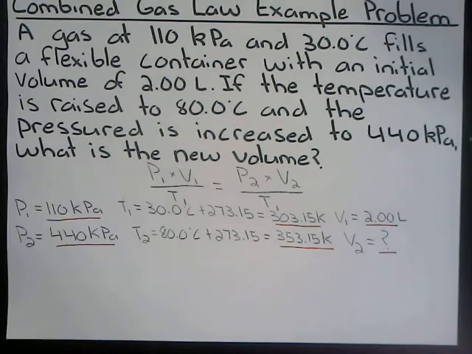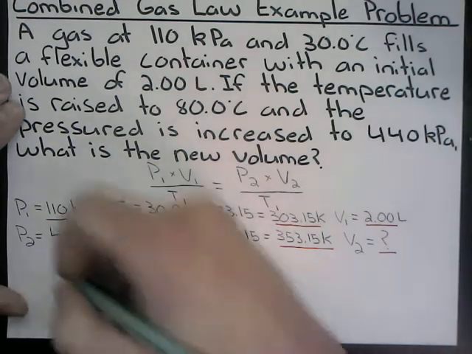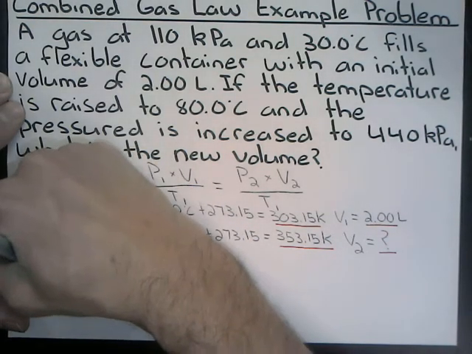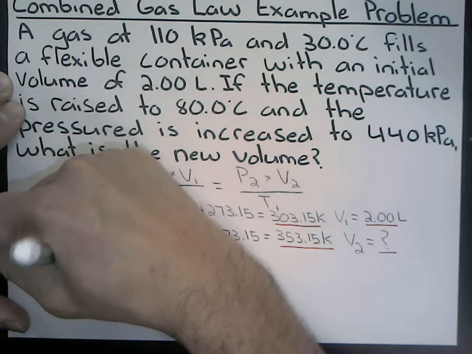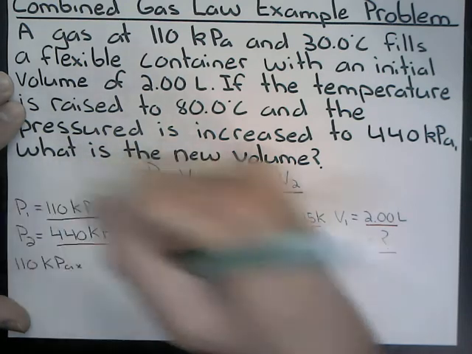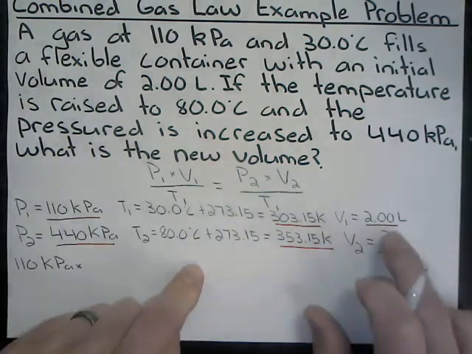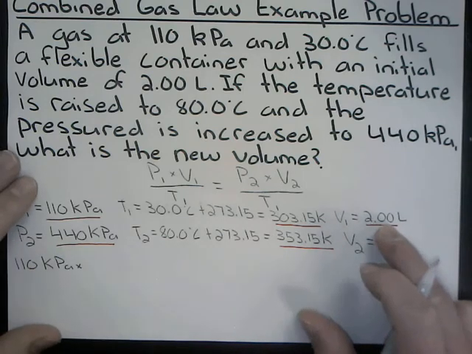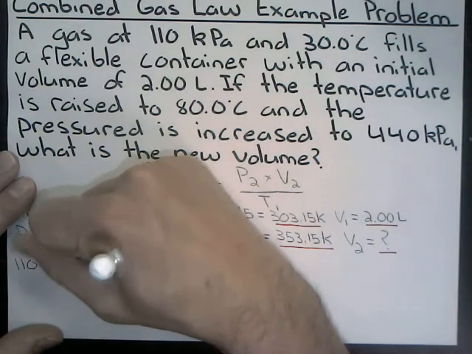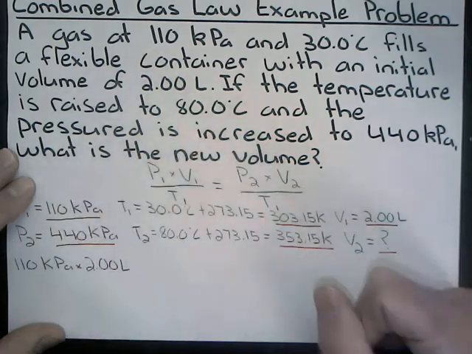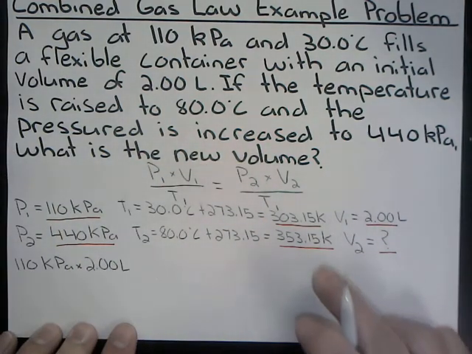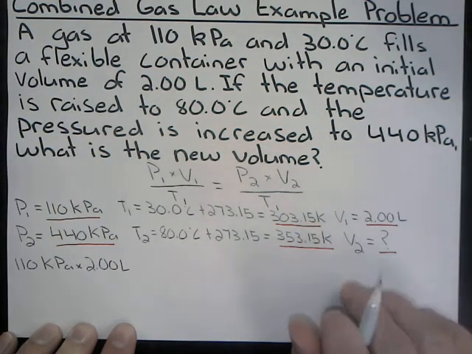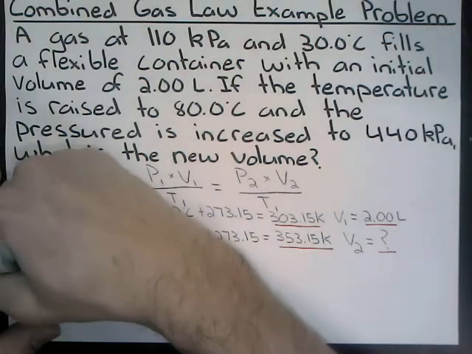Okay, so we start out, our initial pressure, P1, is 110 kPa times our initial volume, V1, which is 2.00 liters, and that is divided by our initial temperature, which is 303.15 Kelvin.